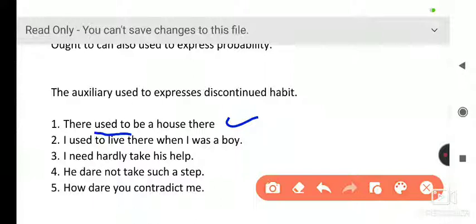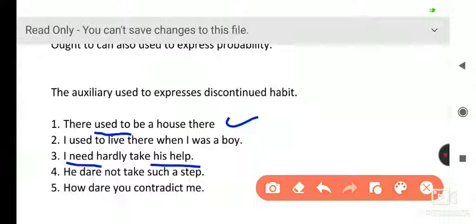Third example, I need hardly take his help. In this sentence, need expresses that he did not need any type of help from him.